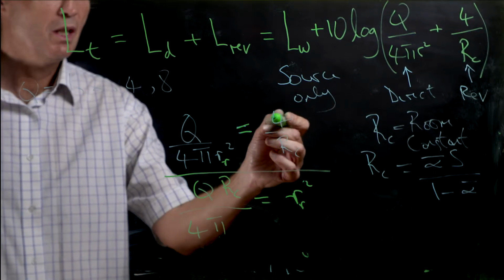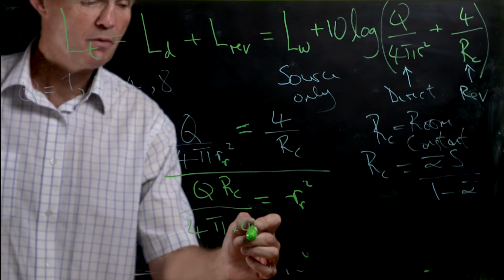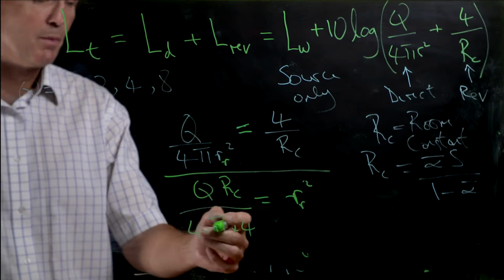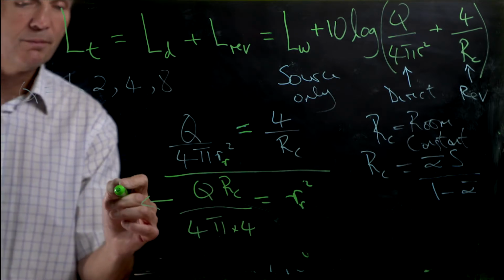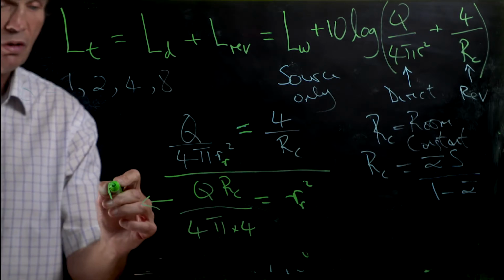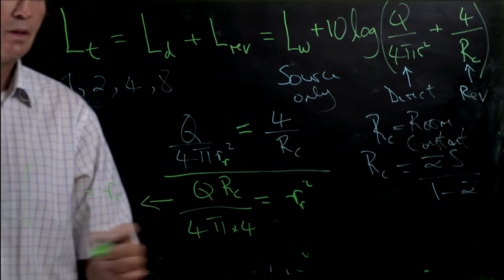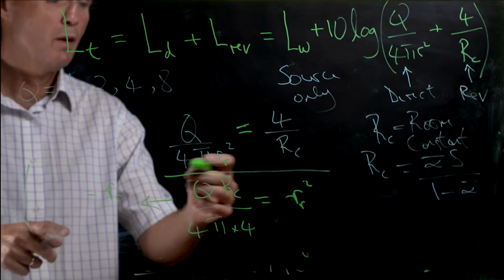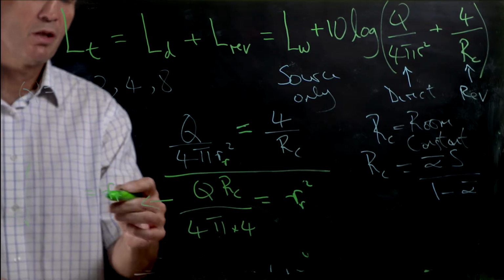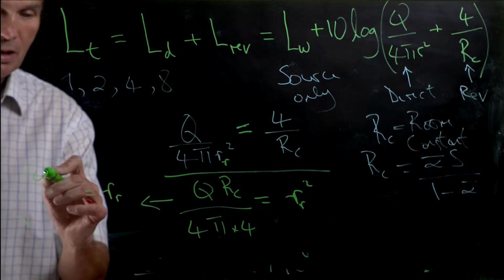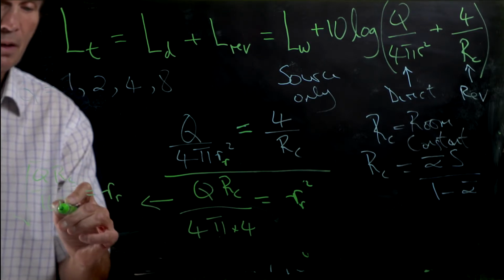We can take the 4 down from the top to the bottom, that's times 4, so this becomes 16 pi. We can get rid of the square term by square rooting both sides. The square root of a squared term is simply the term, and this becomes the square root of Q times RC over 16 pi.